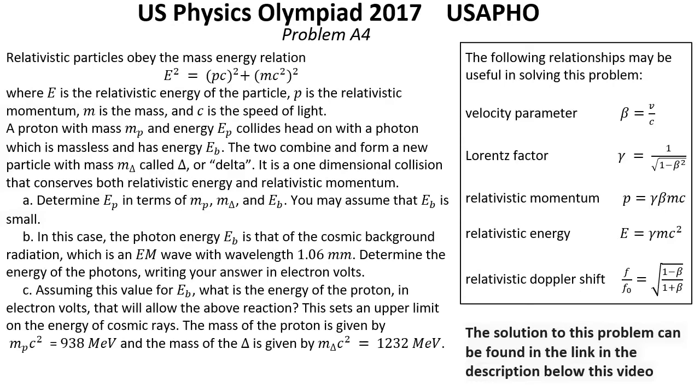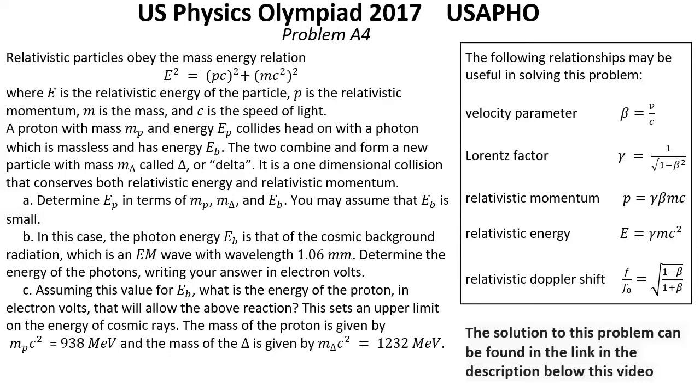Problem A4. Relativistic particles obey the mass-energy relation E squared equals P c squared plus m c squared, all squared. E is the relativistic energy of the particle, P is the relativistic momentum, m is the mass, and c is the speed of light.